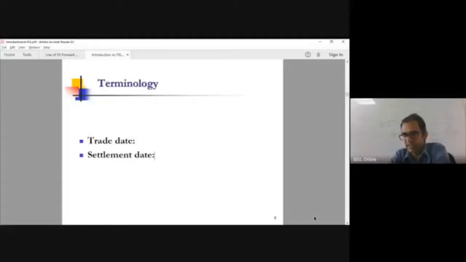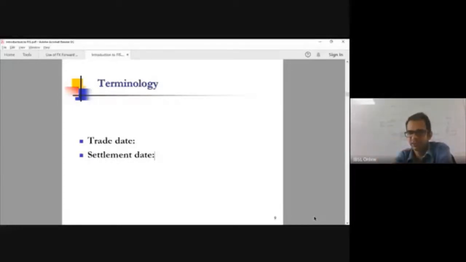Then again, the trade date concept and the settlement date concept are valid for fixed income securities as well. Not for loans, but government securities, debentures, that sort of bonds are tradable. There's a secondary market.